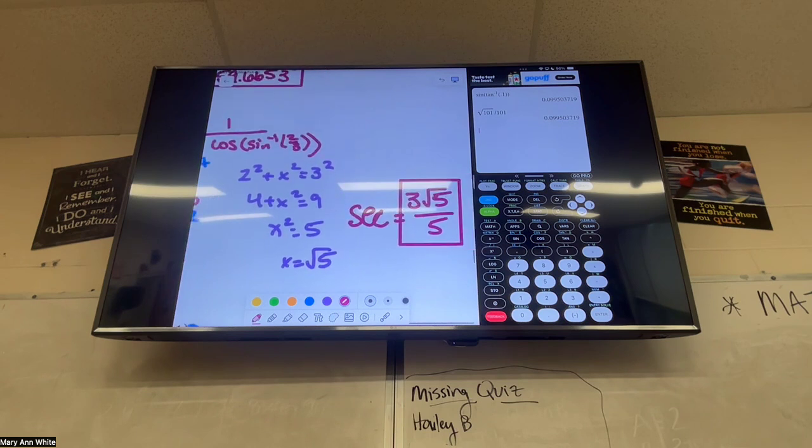So I'm going to do 1 divided by, parentheses, cosine, second sine, 2/3, and then close all of my parentheses. Then I can do 3 root 5 divided by 5, and I should get the exact same number.